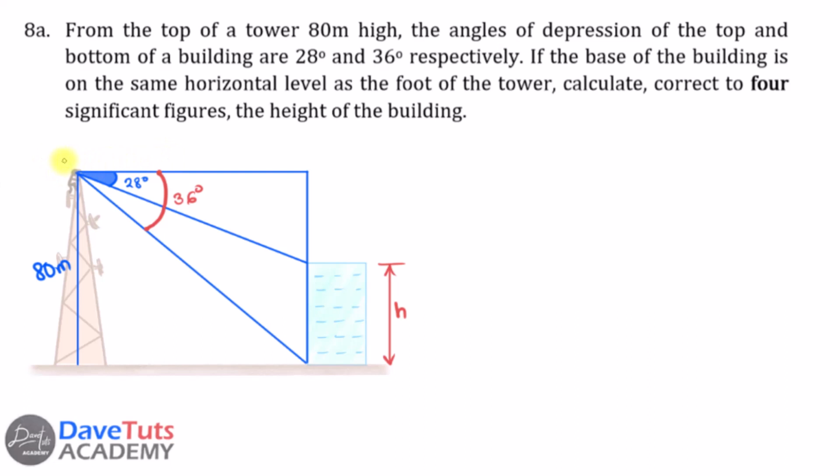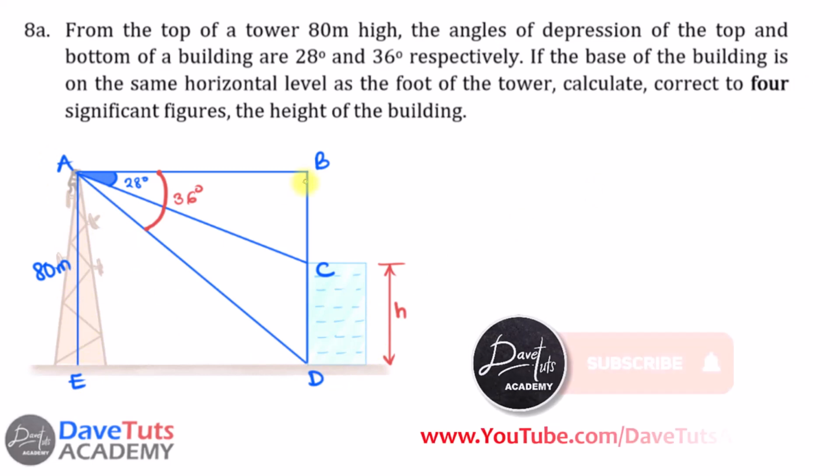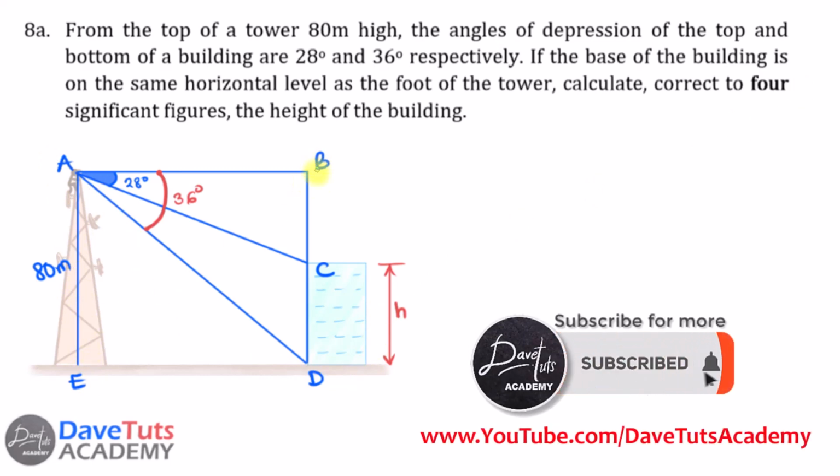Let me call these A, B, C, D, and maybe I can call this E. All right, we are looking for H. Already the height of the tower corresponds to AE. Because it is parallel to BD, they are going to be the same. So AE and BD are the same. But to get this height, we will notice that it is going to be the height of the tower itself, which is 80 meters, minus this side BC.